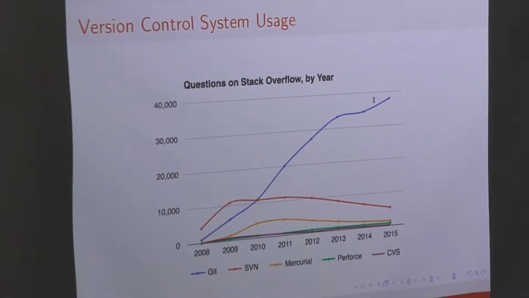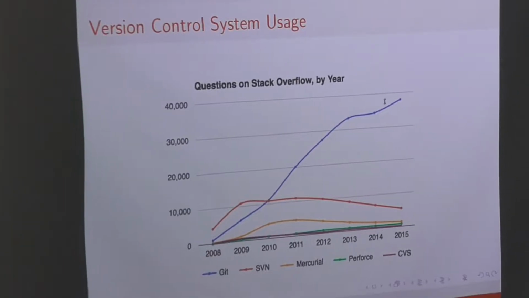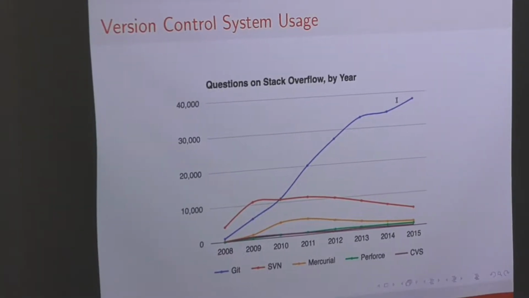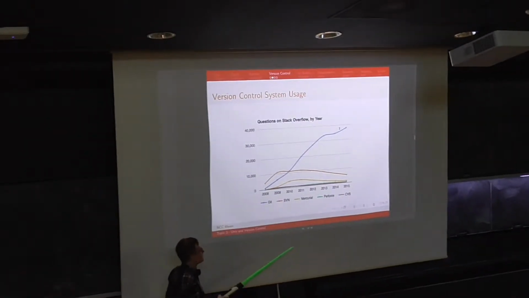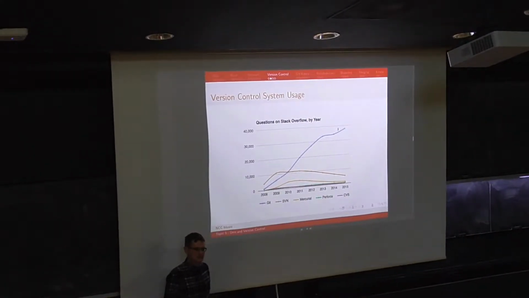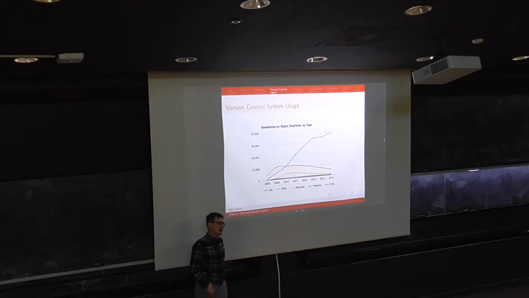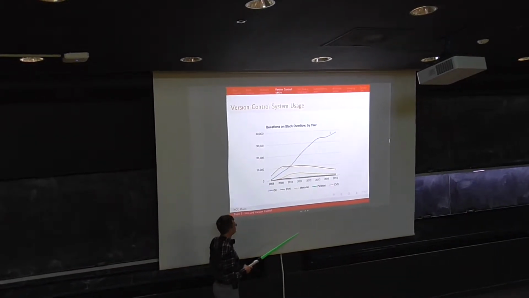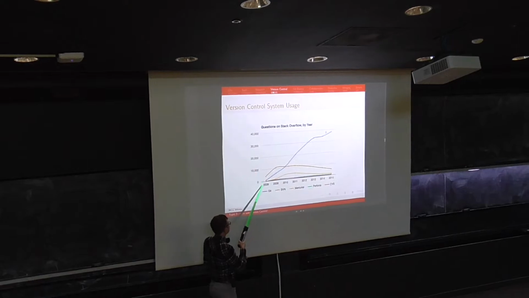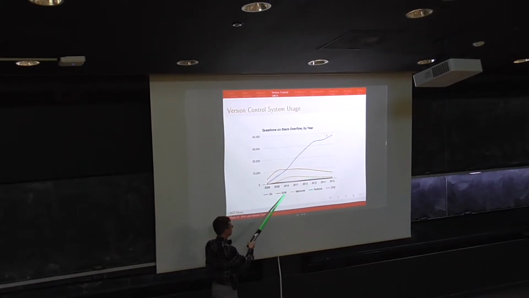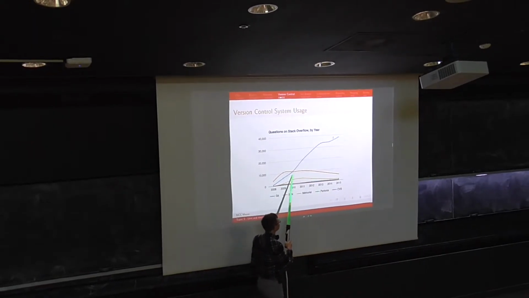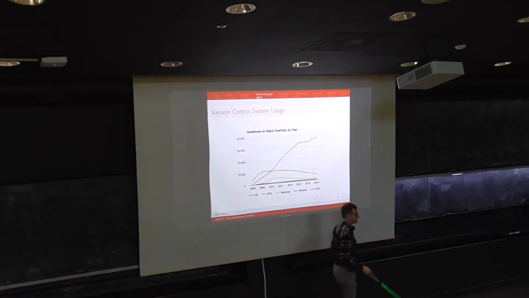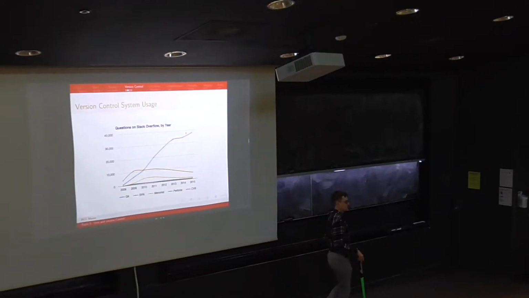I can tell you that Git has only become more popular since 2015. So the trends that you notice seem to have continued, at least in my estimation, and in the absence of any official data. But way back in 2008, SVN was dominant, but over time, Git has come to overwhelmingly dominate the market in version control systems.